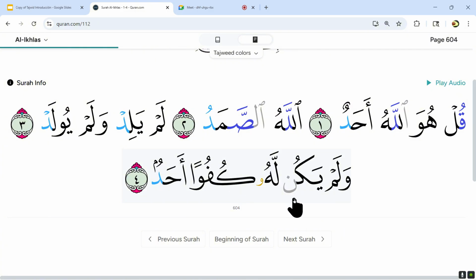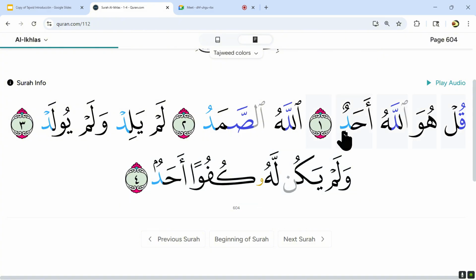Check out right here. I heard you recite it, but now we actually get to pay attention to why. Exactly, that's why it was grayed out like that, because of a certain rule. So we have a letter lam after the noon. Which rule does lam fall into? Idhgham.